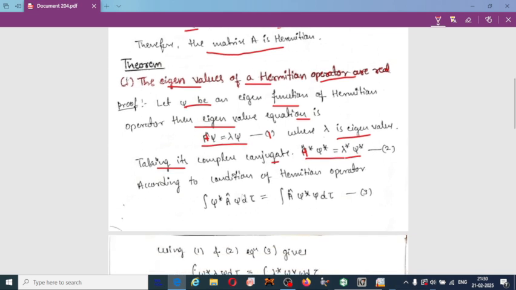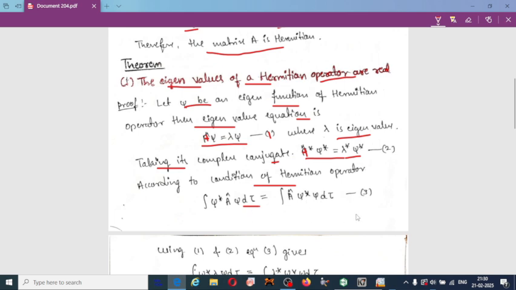Then, according to the condition of a Hermitian operator, the integral of psi star A cap psi d tau is equal to the integral of A cap psi star psi d tau, where we can take A cap outside.